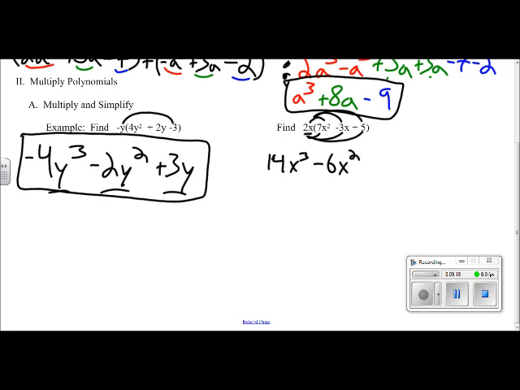And distributing it to our last piece, 2x times positive 5x becomes positive 10x. Again, they're all in x, but this one is x to the first power, x to the second power, and x to the third power. So there are no like terms, so this is already simplified down.